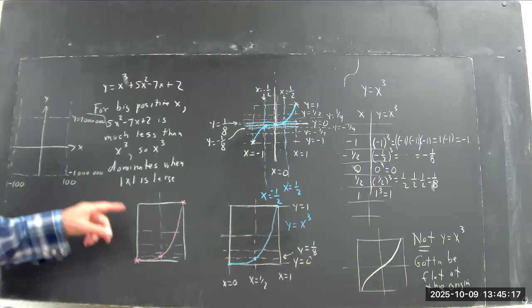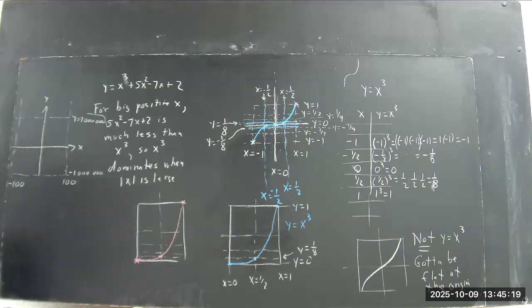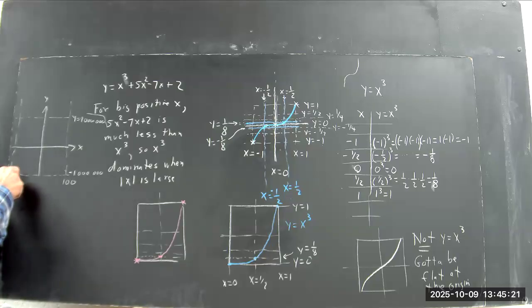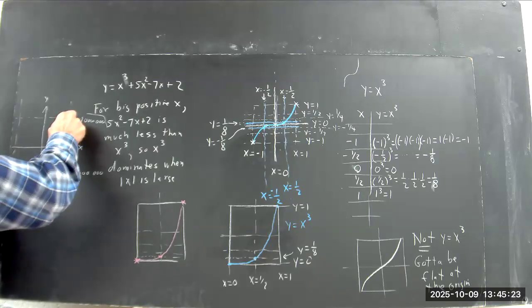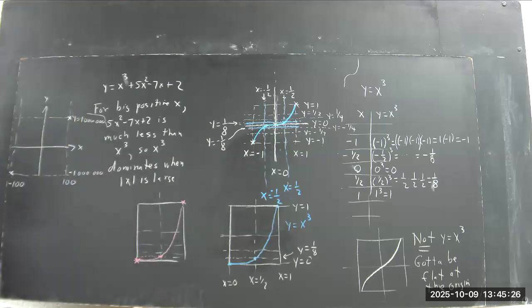Well, 100 cubed is 1,000,000. So this point will be on the graph of y equals x cubed, and this point will be on the graph of y equals x cubed.